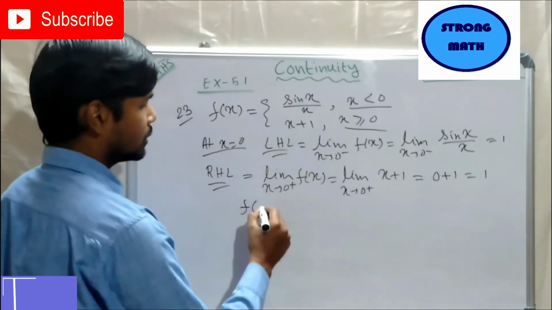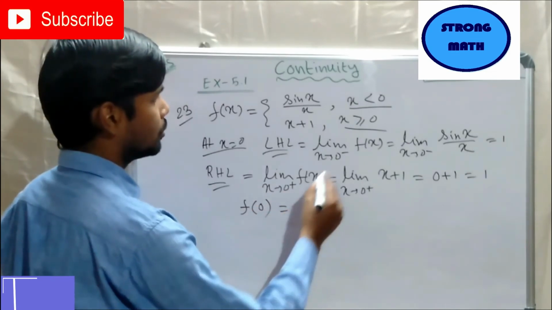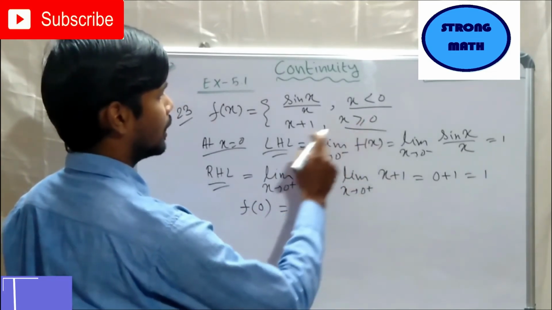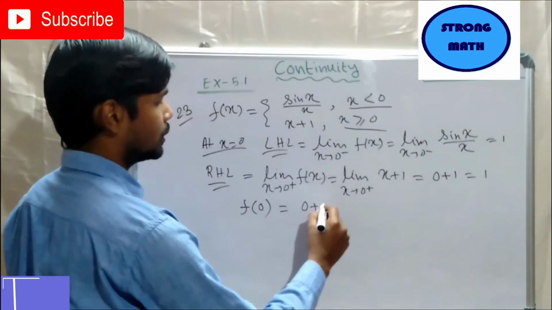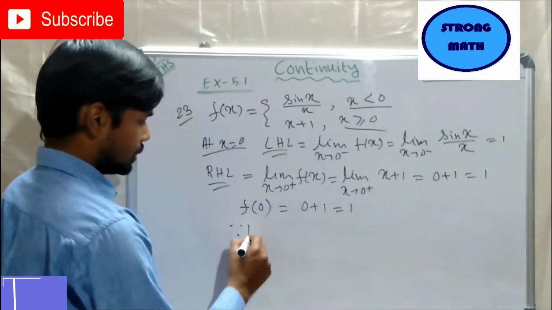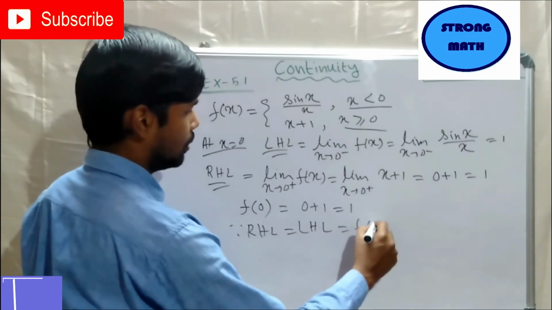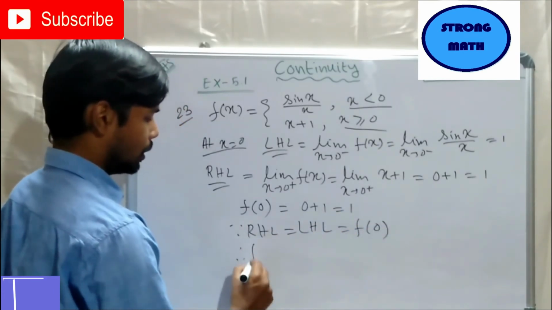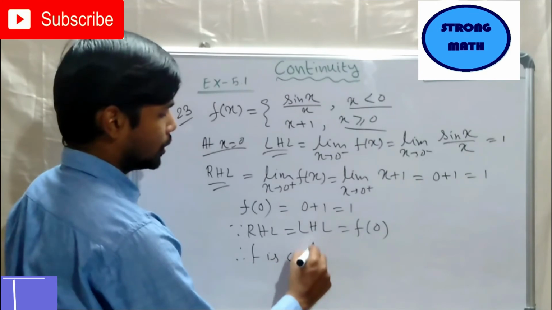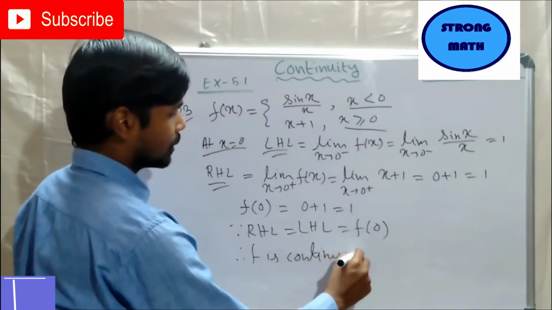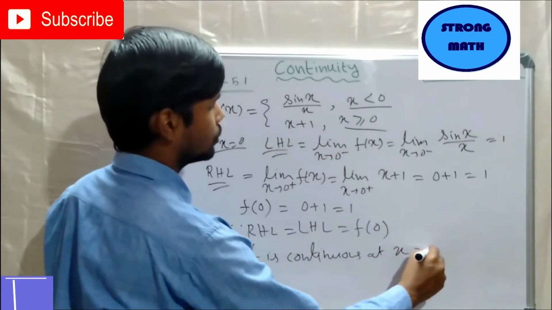Now calculate the functional value at 0. f(0) for x = 0 is x + 1, so 0 + 1 equals 1. Since the right hand limit equals the left hand limit equals the functional value at the point 0, therefore f is continuous at x = 0.